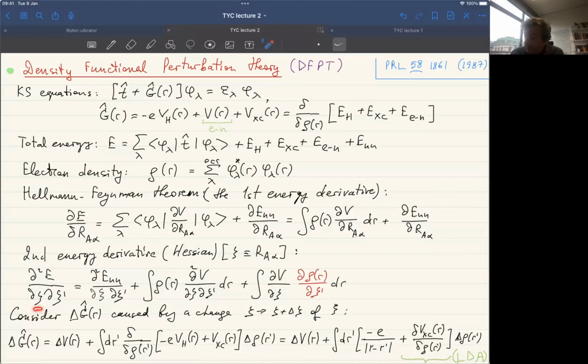So this Xi and Xi prime are my shorthand for the atomic positions and the Cartesian components. So we would like to do this, and to get the second derivative, you don't have anything like the Hellmann-Feynman theorem anymore. You have to really do the calculation explicitly.